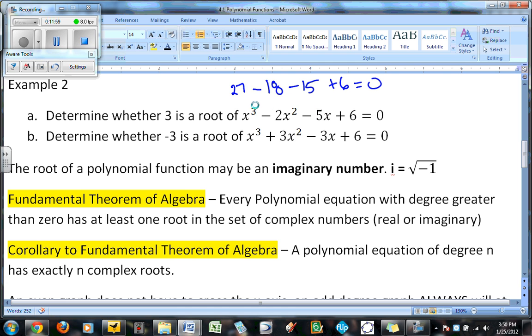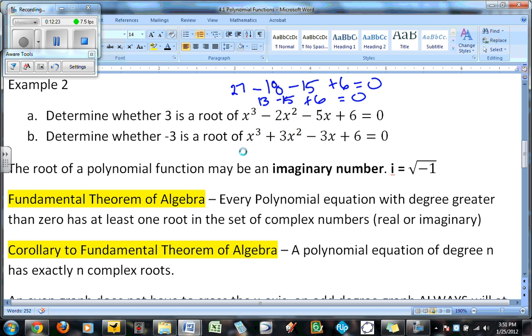All right, so add these together here. I get 27 minus 18 is 9, right? Minus 15 plus 6. That is not going to equal 0. So therefore, 3 is not a root of this equation here. They're asking us to determine whether negative 3 is a root of this other equation here.